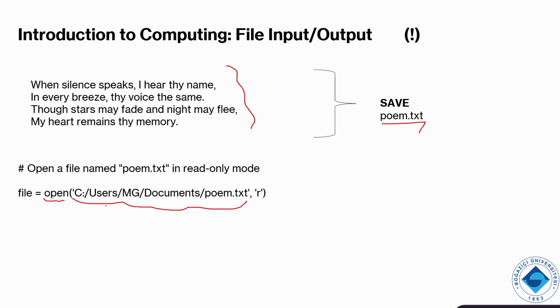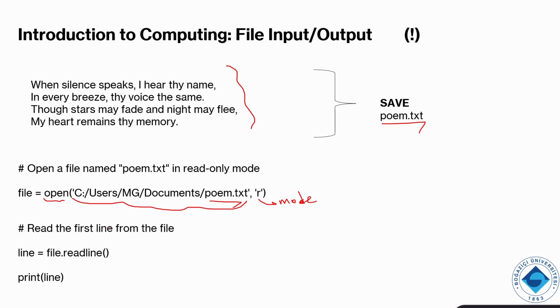Be sure you write it correctly, where you saved your file. This time we will use read mode. I'm going to explain all modes a little bit later, we will see all of them. To read the first line from the file, we are going to use the readline command, assign this sentence to the line variable, and print it to the screen.